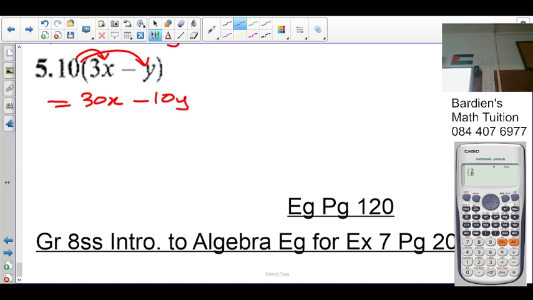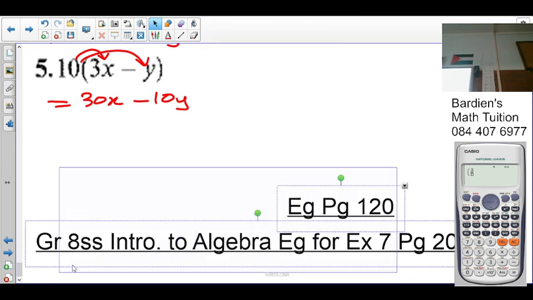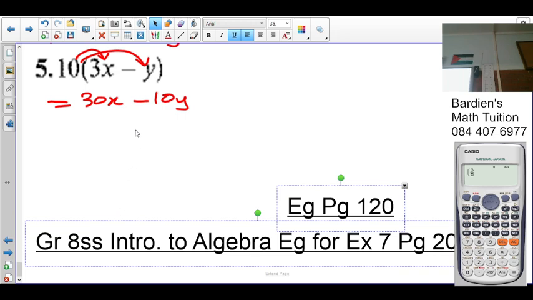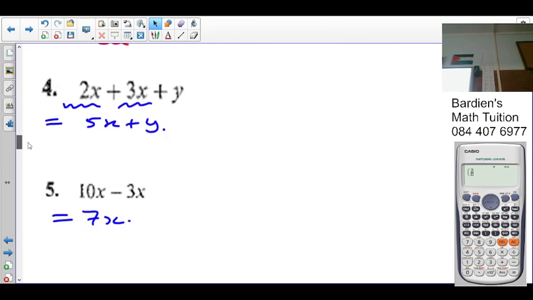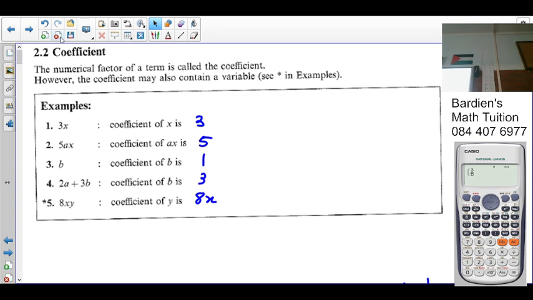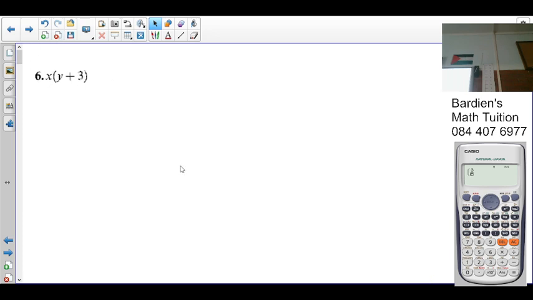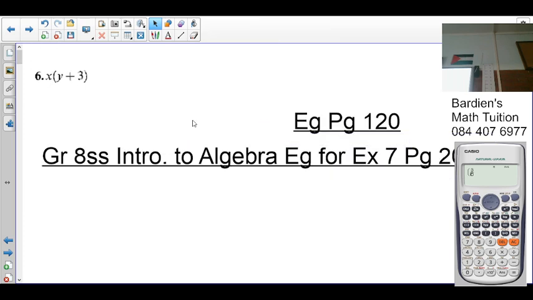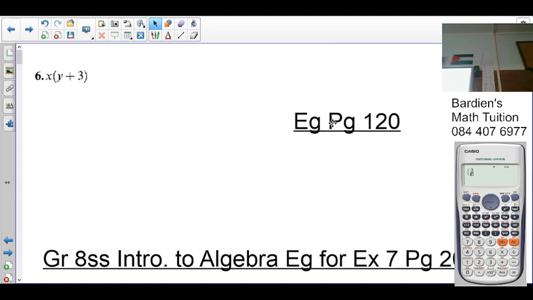Negative 10y. Who doesn't understand? Next one.